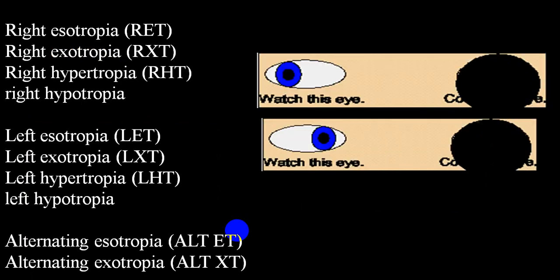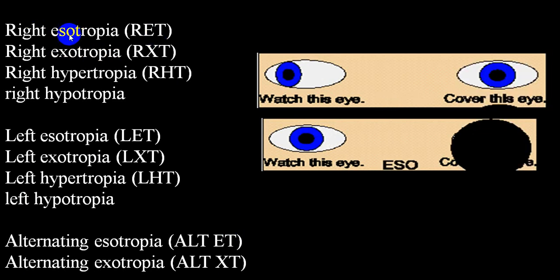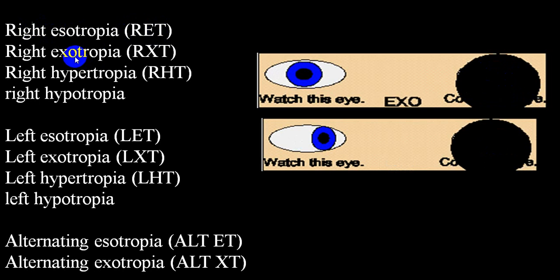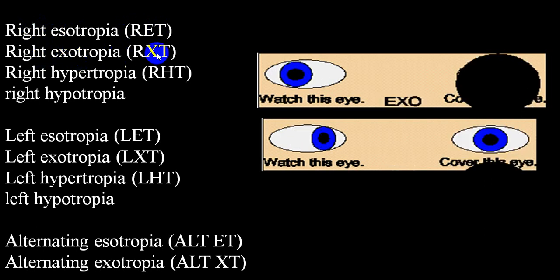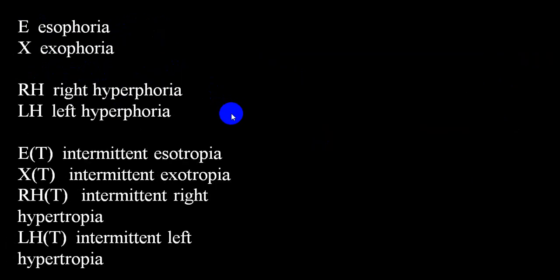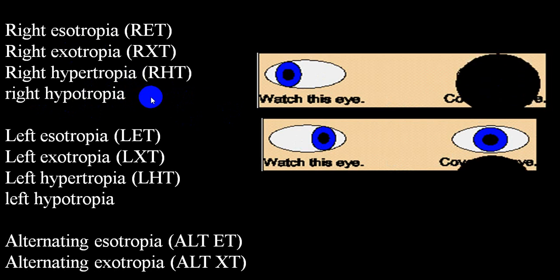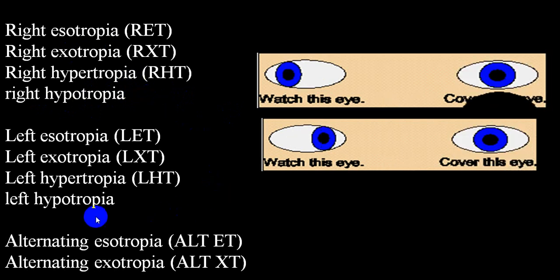And there are ways of writing it down. So suppose the right eye has esotropia, it is written as RET, and if it is exo, it is written as RXT. If the right eye is hypertropia, then it is written as RHT. And for right hypo, there is no specific terminology.